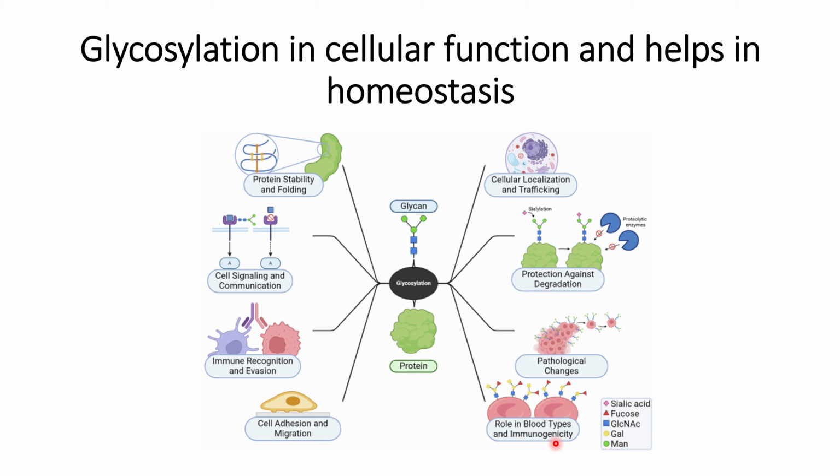The next major factor where it plays a role is blood types and immunogenicity. We know that a particular kind of individual can receive a particular kind of blood type only because of this immunogenicity. If the patient has B positive blood, then it can receive blood from B positive and one more universal candidate, which I'm not able to recall.